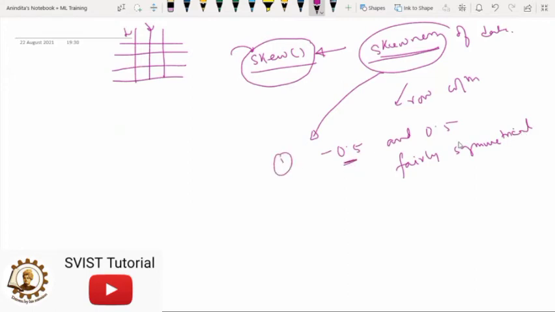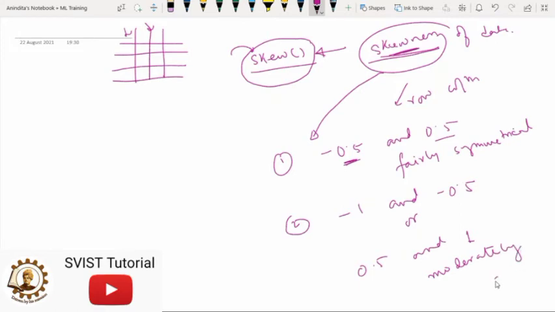Then if the skewness value is between minus 1 and minus 0.5, or between 0.5 and 1, you can say that your data set is moderately skewed.